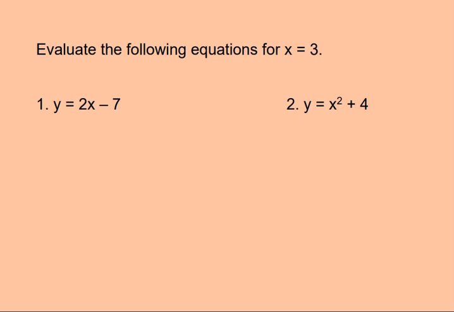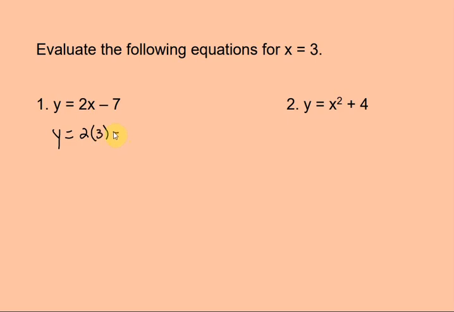In number 1, we have that y is equal to 2x minus 7, and we're told to evaluate that equation for x equals 3. So that simply means that we need to plug in 3 in place of x, or substitute 3 for x in the equation. So let's do that. The rest of the equation stays the same, and I'm going to replace the x with 3.